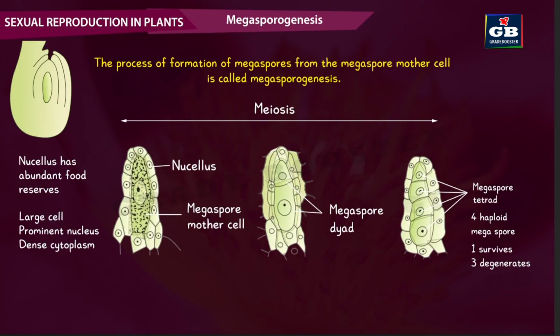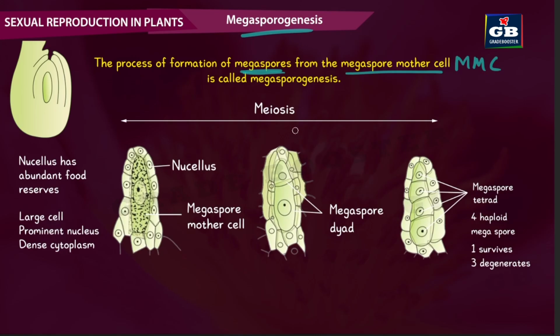Now let us look at the formation of megaspores from the megaspore mother cell. This process is called megasporogenesis. What is megasporogenesis? The process of formation of megaspores from the megaspore mother cell.